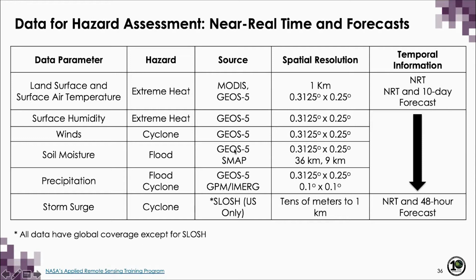GEOS 5 provides data in real time as well as 10-day forecasts. SMAP provides near real-time data. GPM IMERG also provides near real-time data, and SLOSH, of course, has real-time data, in addition to a 48-hour forecast. So these are the overall data sets that can be used for hazard assessment.